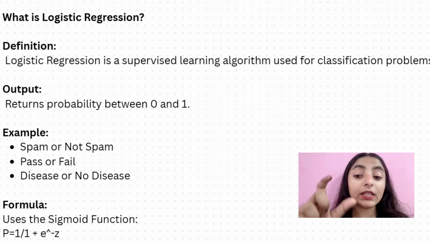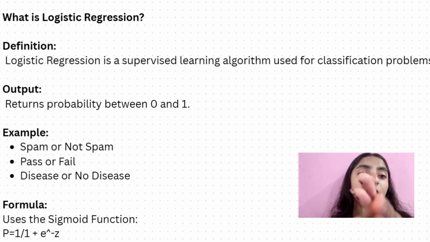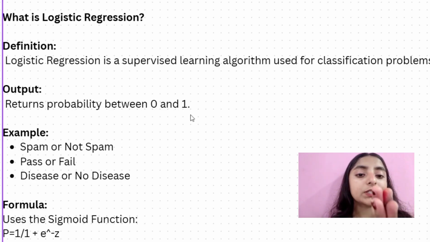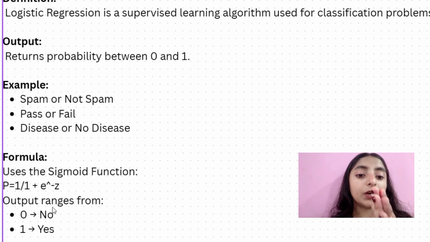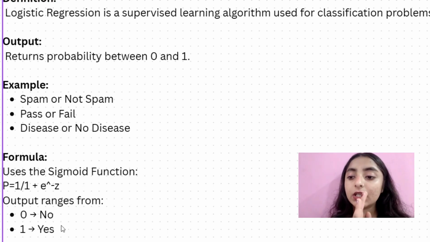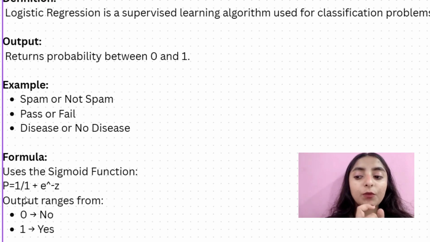If the probability is greater than 0.5, the model predicts class 1. As I told you, the probability will come between 0 and 1. If the probability is 0.5 or higher, the model predicts 1. If it is between 0 and 0.5, it predicts no, which is the worst case.